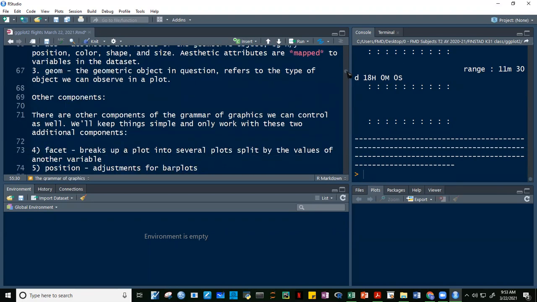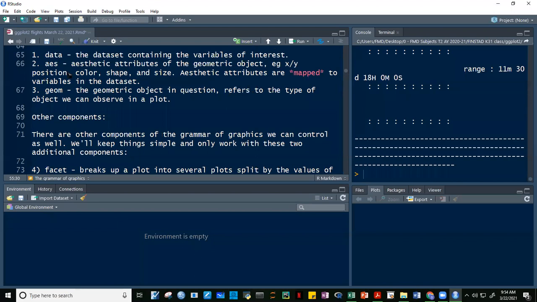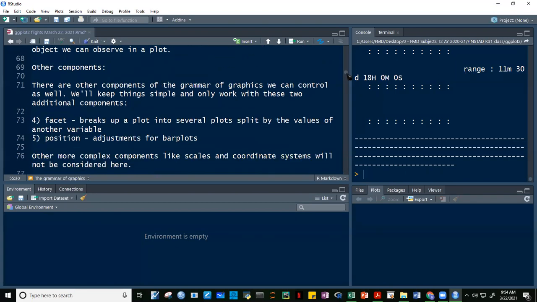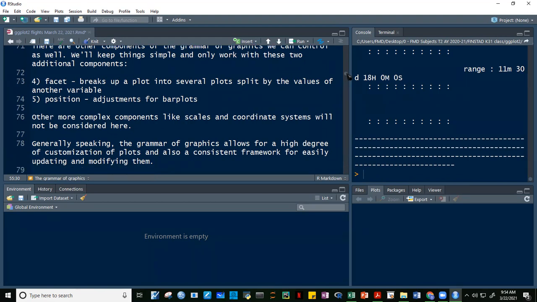In our case, we're using the ggplot2. There are other components as well, okay, but these are the main components. Pwede pang dagdagan ng ibang components yan, such as the facet, the position, etc. There are other more complex components like scales, coordinate systems, but they will not be considered in this course.